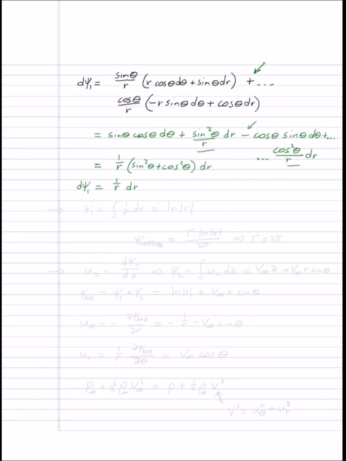So if we want to evaluate what psi 1 is, it is going to be the integral over 1 over r. And we can evaluate that. That's the natural logarithm of r.